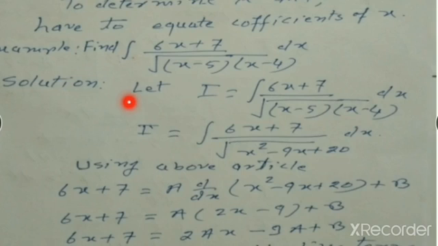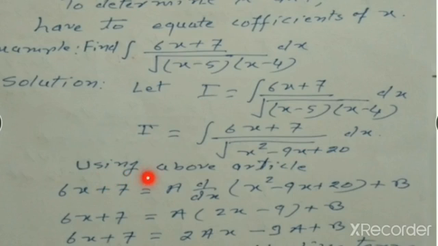Let I be equal to integration of (6x plus 7) upon root of (x minus 5)(x minus 4). After multiplying x minus 5 and x minus 4, we get x square minus 9x plus 20.